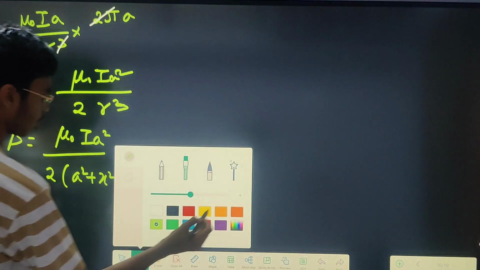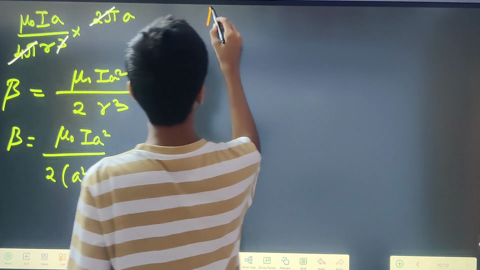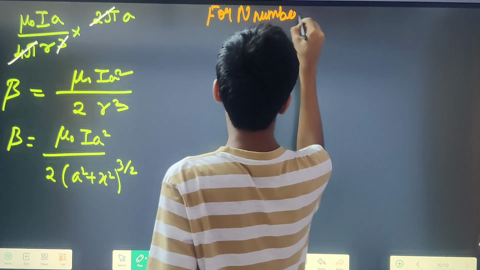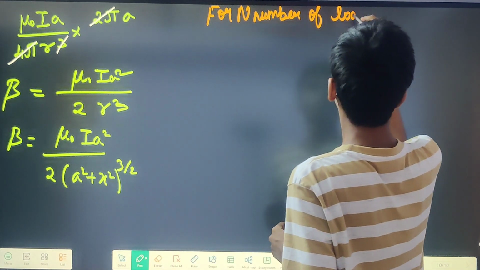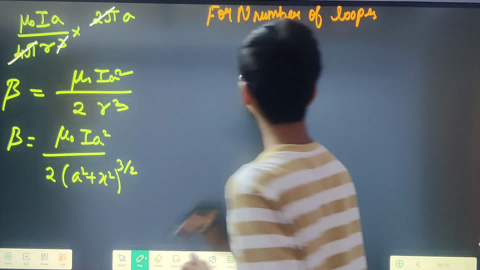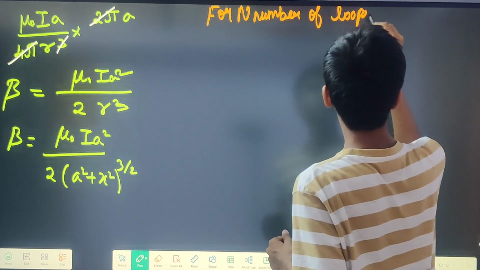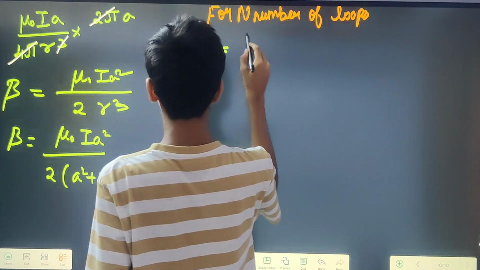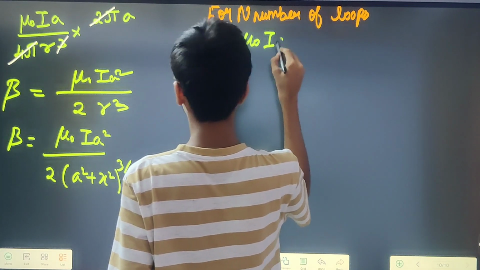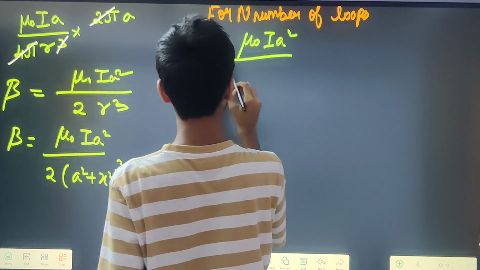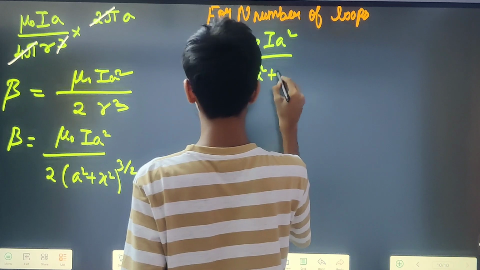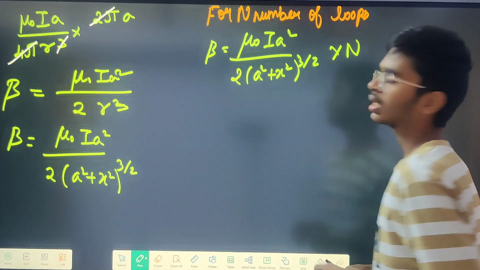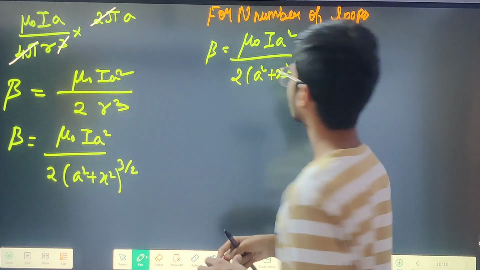So B is equal to mu naught I A square divided by 2 into A square plus X square to the power 3 by 2, into n, where this n represents the number of loops.